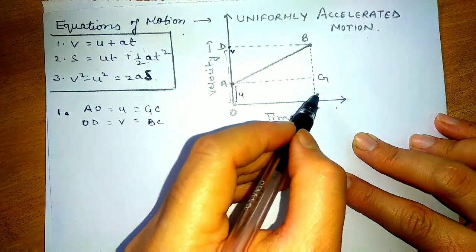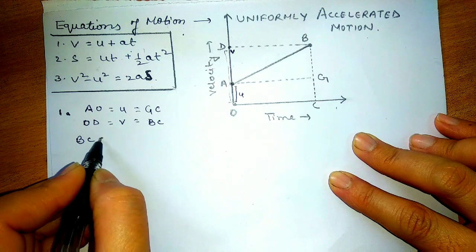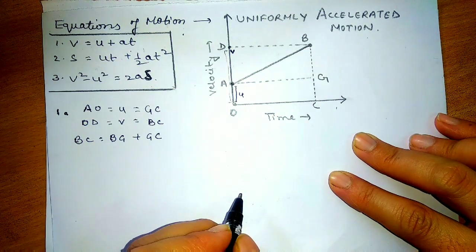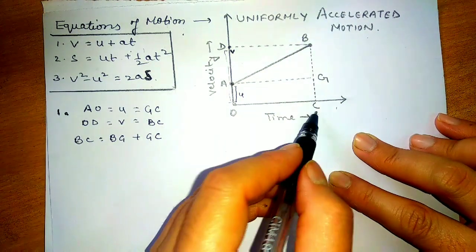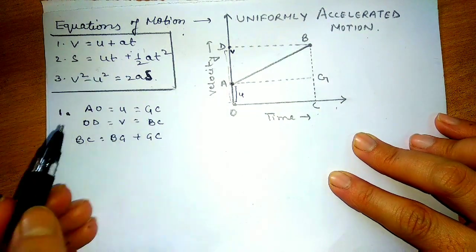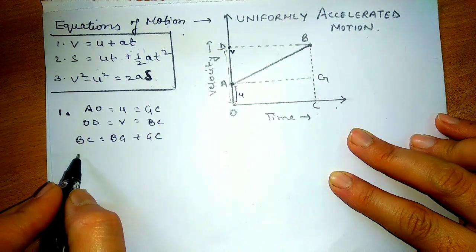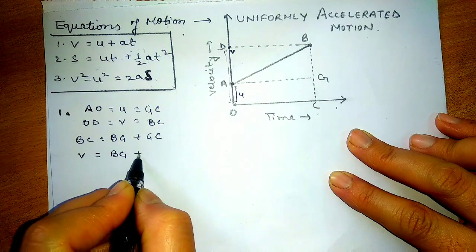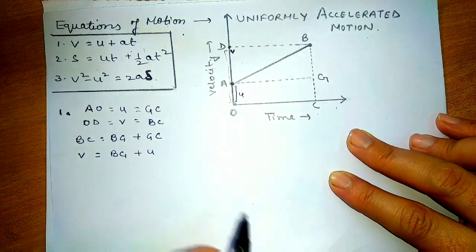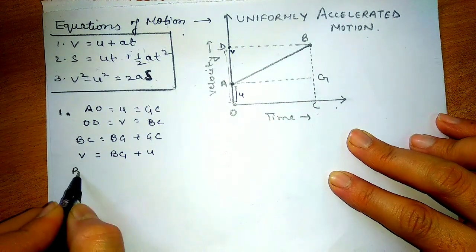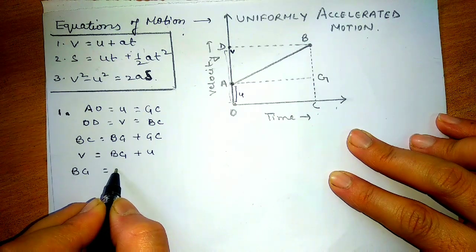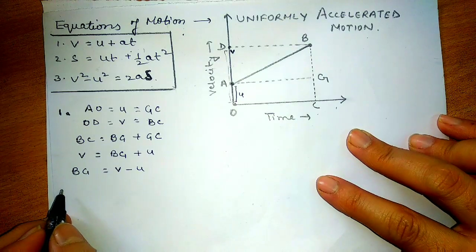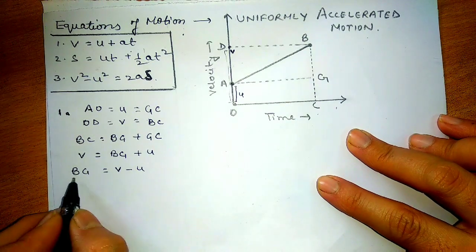BC comes out to be BG plus GC. What is GC? GC I know is u. And what is BC? BC is v. So I can write in terms of v and u. v is equal to BG plus GC, which is u. Clear? So BG will come here. BG is equal to v minus u.